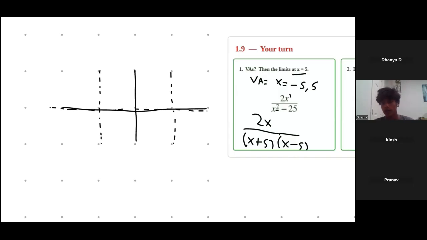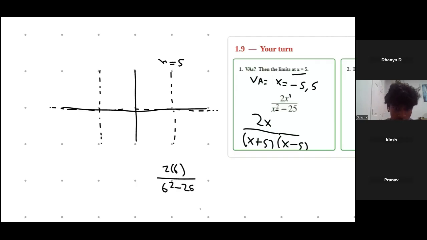Now, how we solve this is we're going to plug in points to see, and since this is x equals 5, we only have to plug in points near x equals 5. So let's plug in 2 points. First, let's do 6. So 2 times 6, because we're plugging in 6 for x, over 6 squared minus 25. 6 squared is 36. 36 minus 25 is 11.